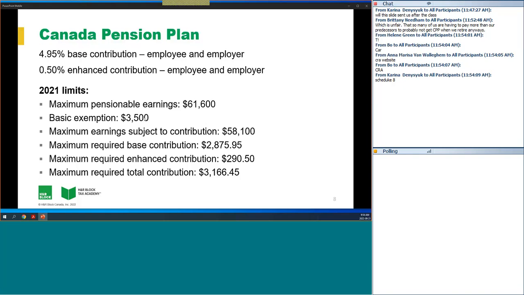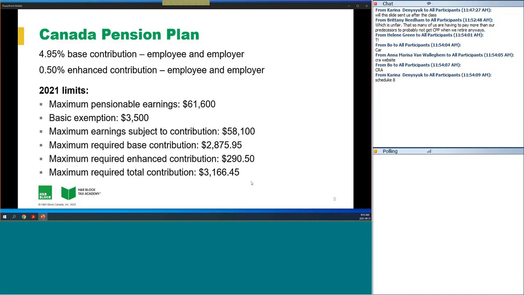And the way that it works is we take the maximum pensionable earning, and then we subtract the basic exemption, and that gives us the maximum earnings that you have to pay CPP on. So 61,600 minus 3,500 gives us 58,100. Then we know the maximum base contribution is 4.95% of that. We know the maximum enhanced contribution for 2021 is 0.5%.